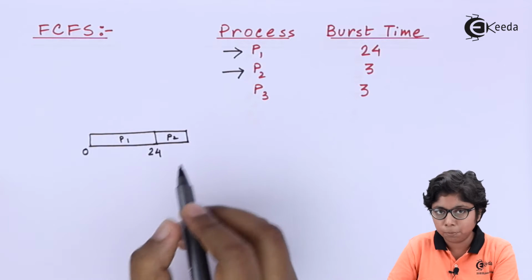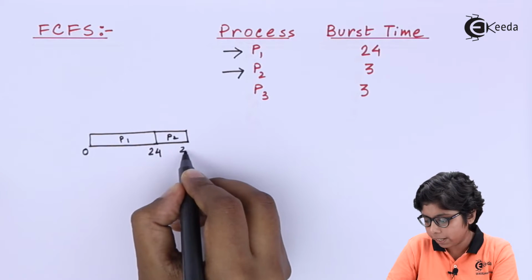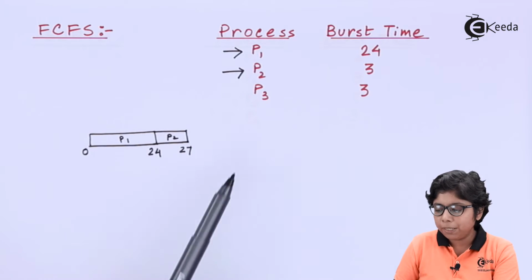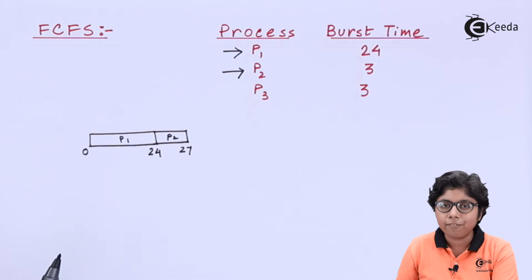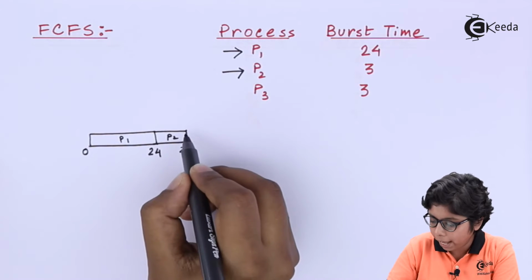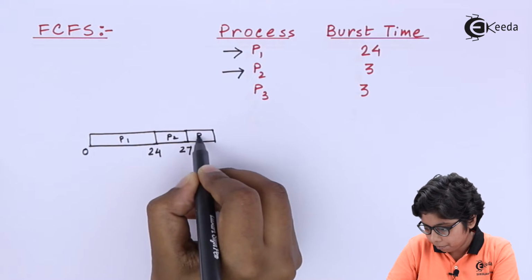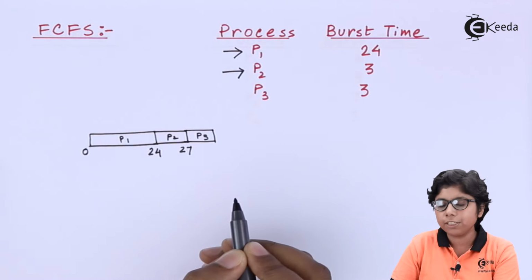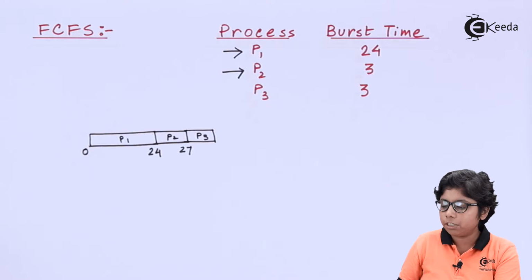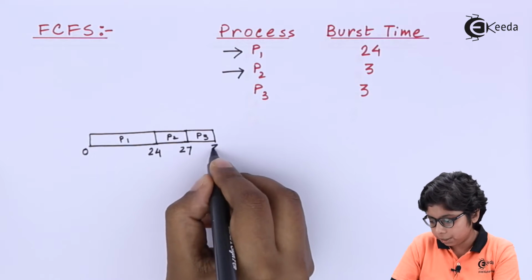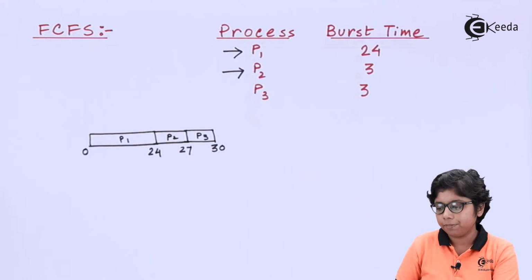So we add 3 to 24, that is 27. P3 has to wait 27 milliseconds to start its operation. Now we will allocate P3. The scheduling is completed within 27 plus 3, that is 30 milliseconds.